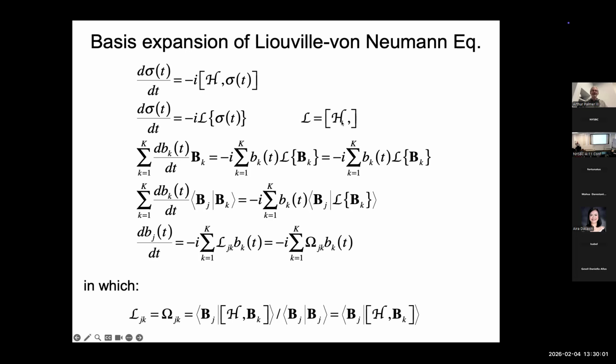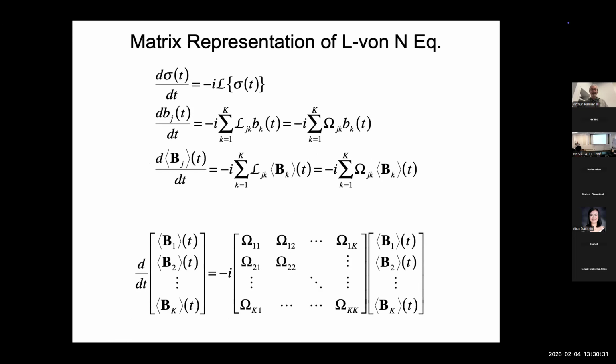It will reemerge later. Its whole purpose is to make all of this look simpler by hiding the commutator, but we end up with the same result, where now these elements of the Liouvillean are what I call the frequencies. The end result is the same, but I put this here just to say you'll see this again.